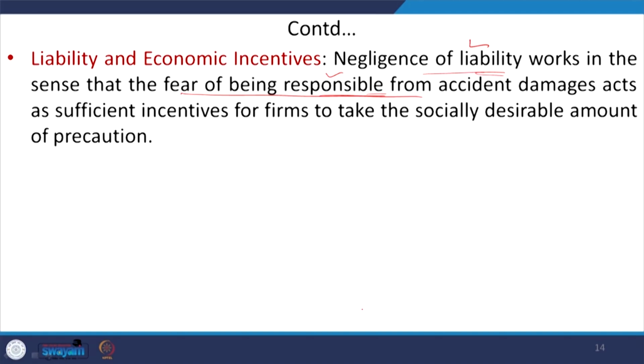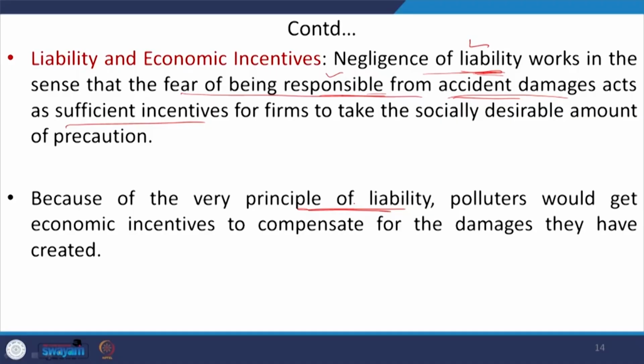Liability is the fear of being responsible. The fear is that if any accident damage occurs, you need to compensate for that. This very idea of liability acts as a sufficient incentive to take the right kind of precautions, so that the society would not face any kind of damages, or the socially desirable amount of precaution can be taken.